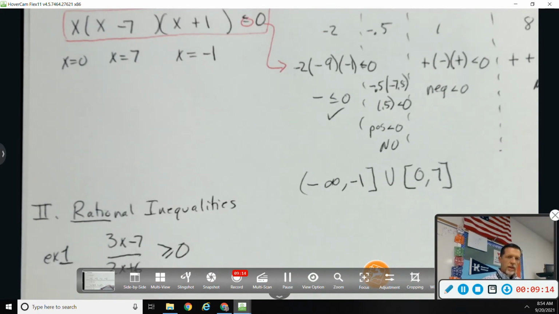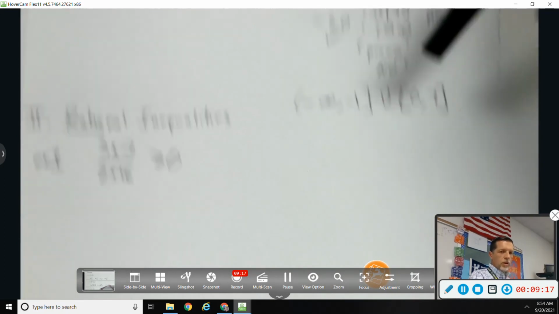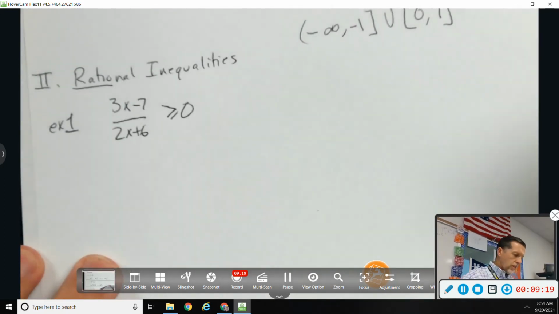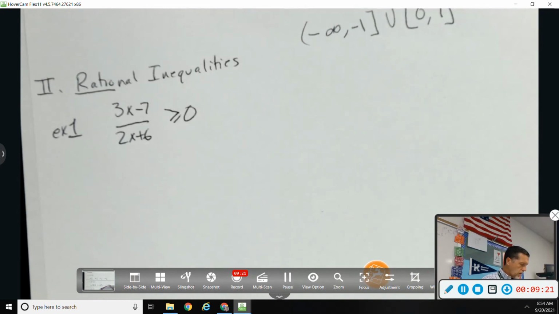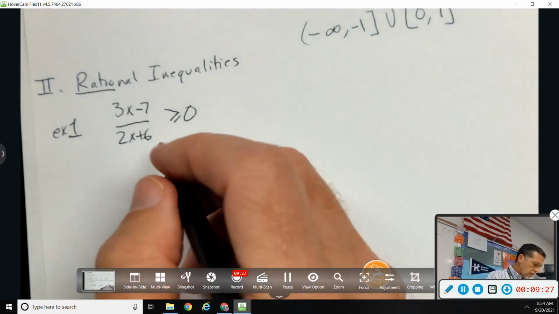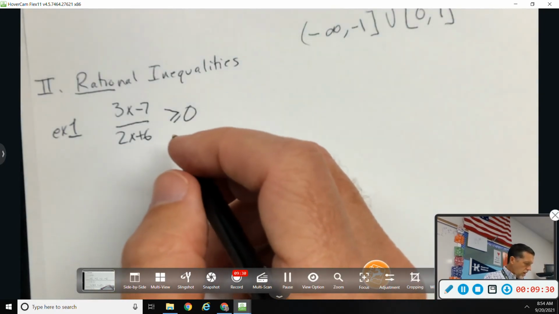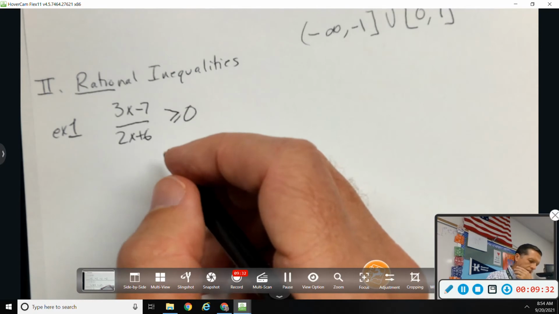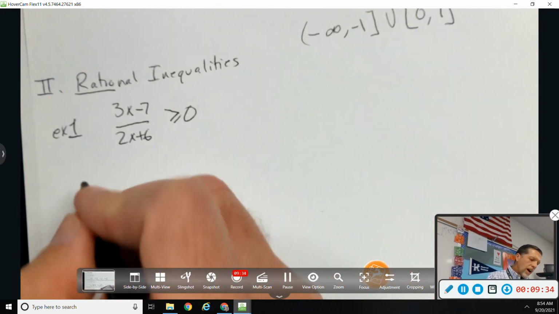So 3x minus 7 over 2x plus 6 is greater than or equal to 0. So let's see here. I need the zeros of the top and zeros of the bottom.